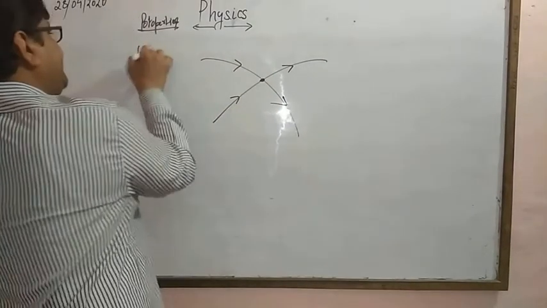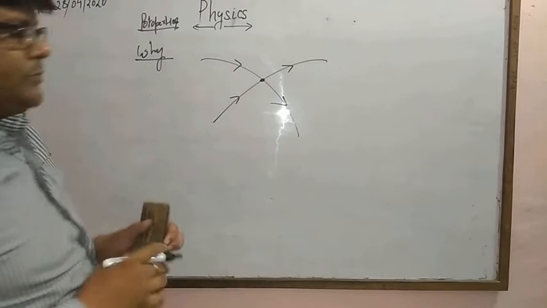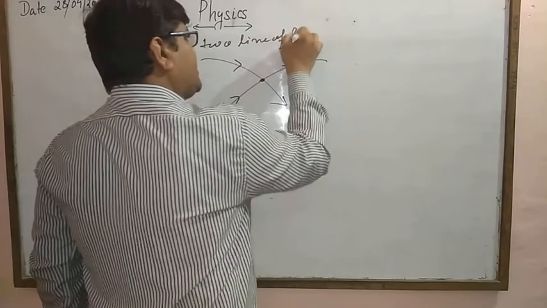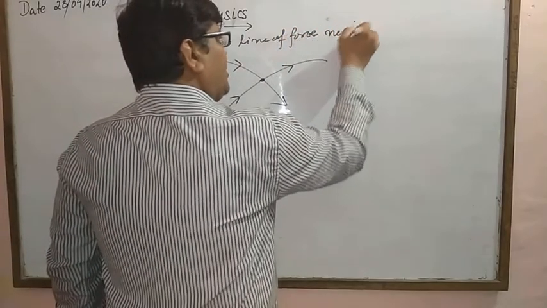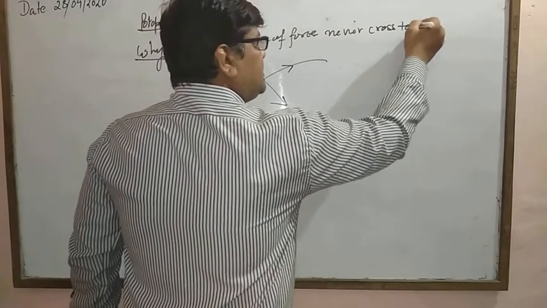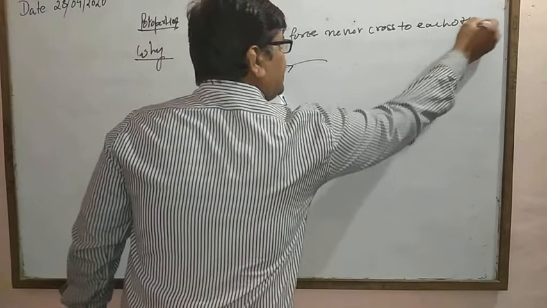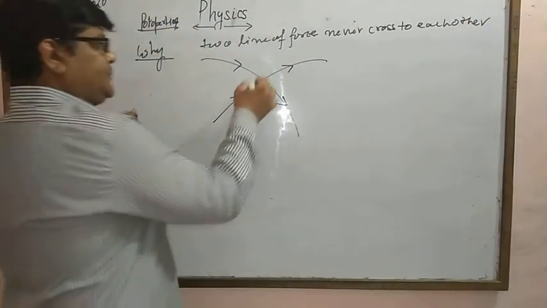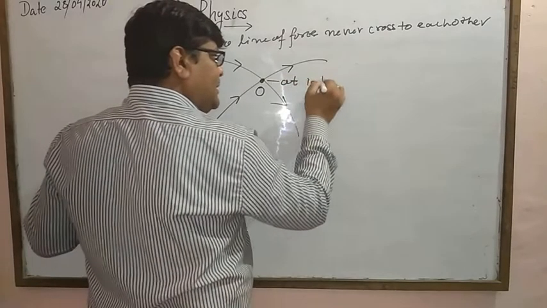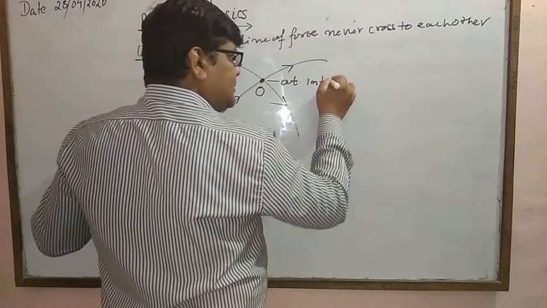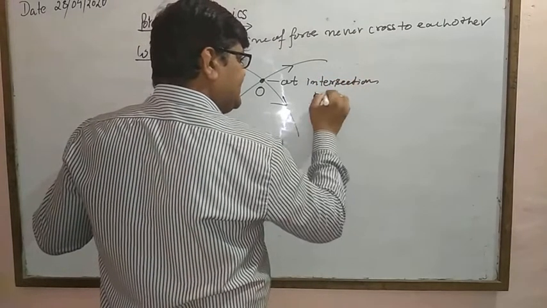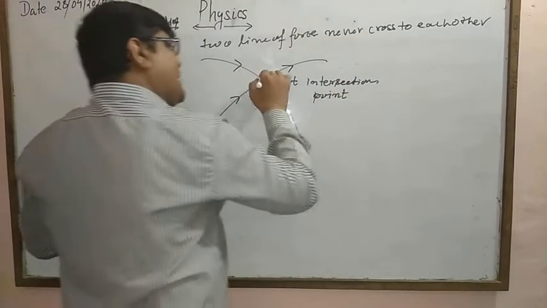Why do two lines of force never cross each other? At the intersection point, two tangential lines are drawn.